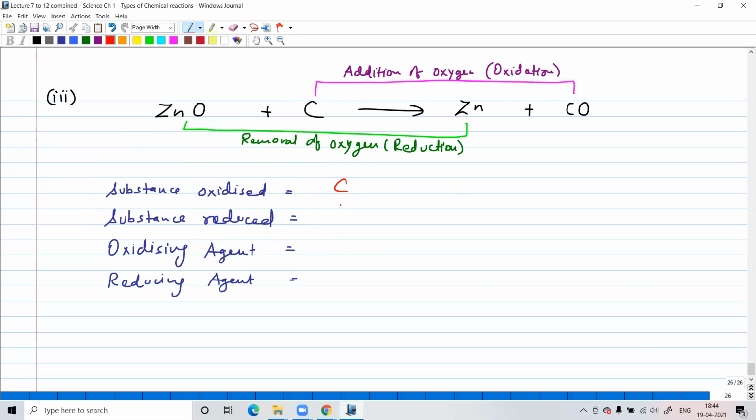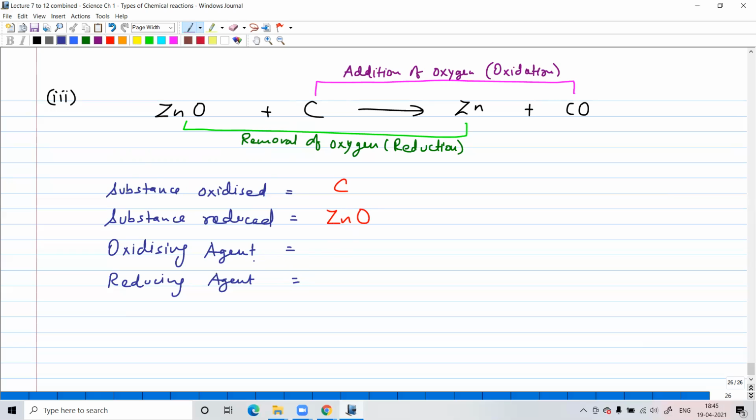That's good. Substance reduced? Zinc oxide. Yes. Kavya, your answer was right. I was just checking everyone, whether everyone really understood this, okay?